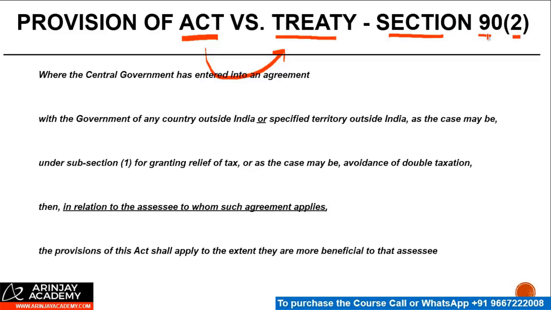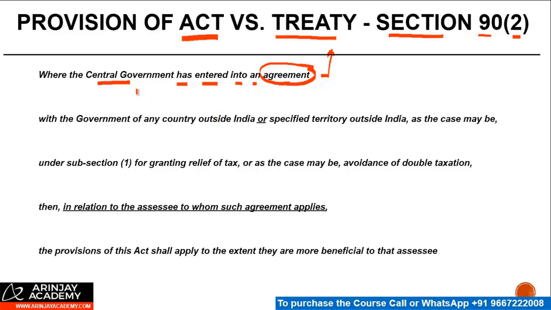What this section says is where the central government, and the central government here refers to the Indian government, has entered into an agreement, right? Agreement is the reference to the double taxation avoidance agreement, which we are referring to here as the treaty.